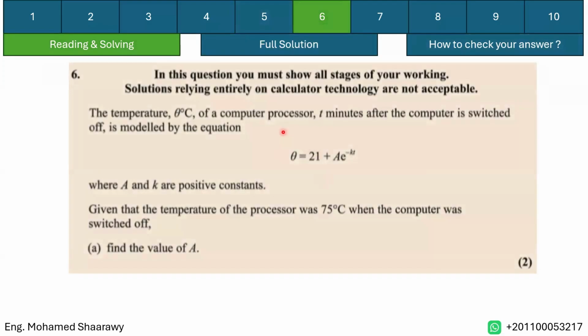In question 6, it says to find the value of A if you know that the temperature is 75 when the computer was switched off. T means the time after the computer is switched off, so when the computer is switched off, the time is 0, the initial condition.